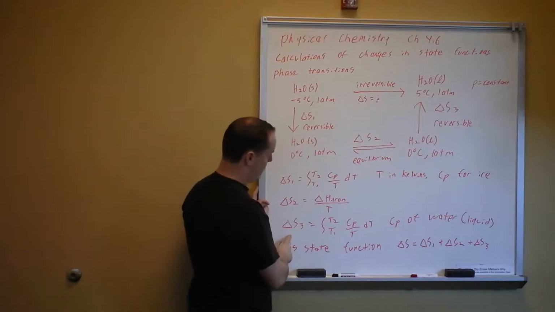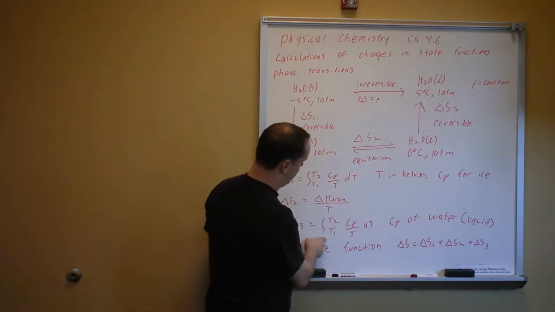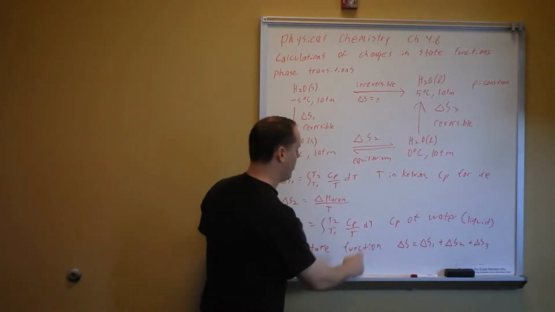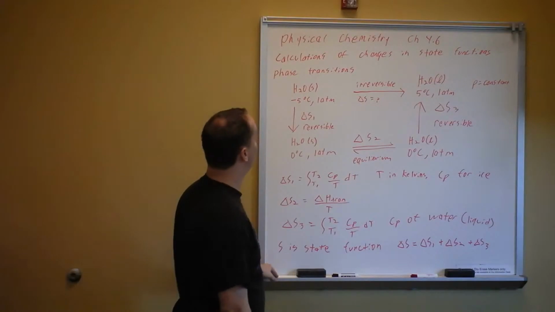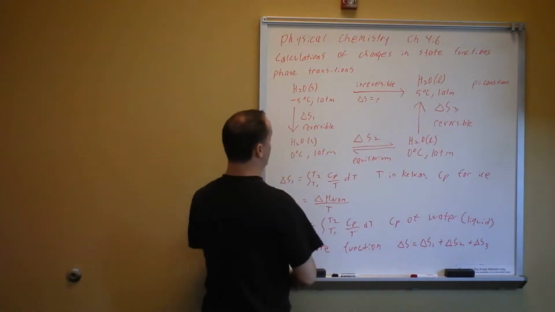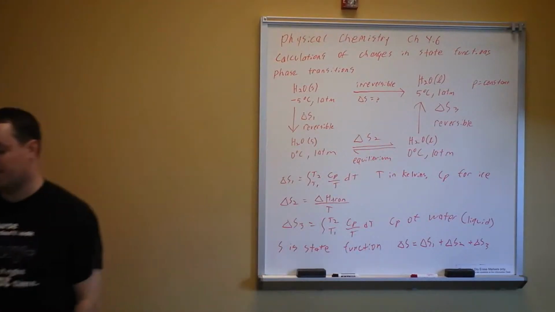And then for the final step, heat it up some more, the change in entropy for step 3 is going to be the integral from 0 degrees Celsius to 5 degrees Celsius of the heat capacity of liquid water divided by the temperature with respect to temperature. And since S is a state function, we know the total delta S from here to here, no matter which way we go, is just going to be delta S1 plus delta S2 plus delta S3.